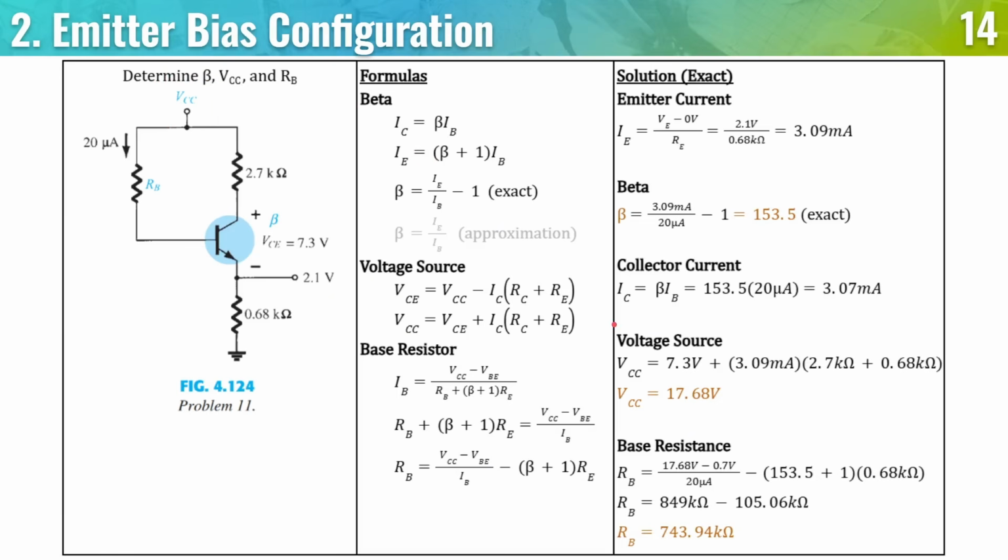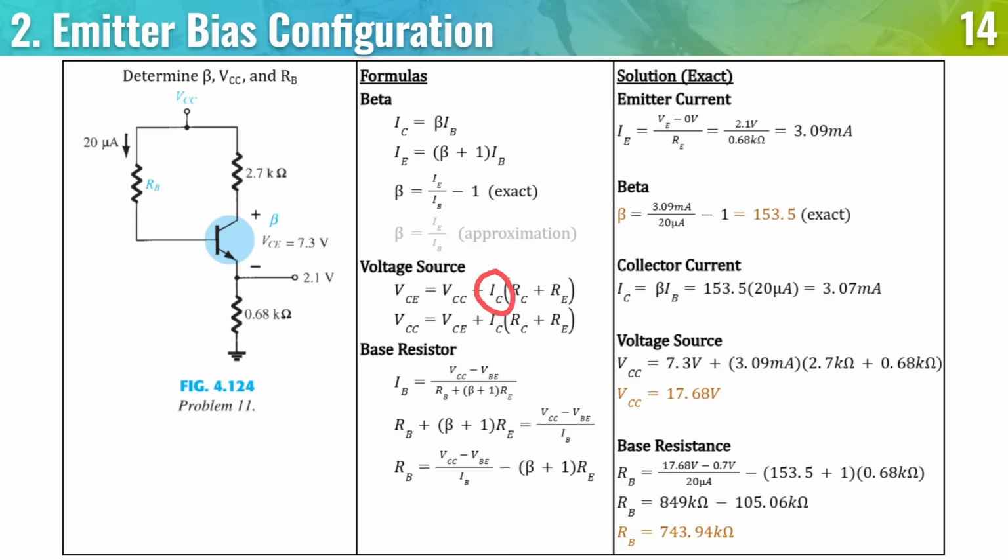So the voltage source usually comes from this formula. How did we get this formula for the emitter bias configuration? So in case you don't memorize it, here is something you can do. VCE is equal to the source minus the voltage drop here and here. Since there is only one current, IC is equal to IE.